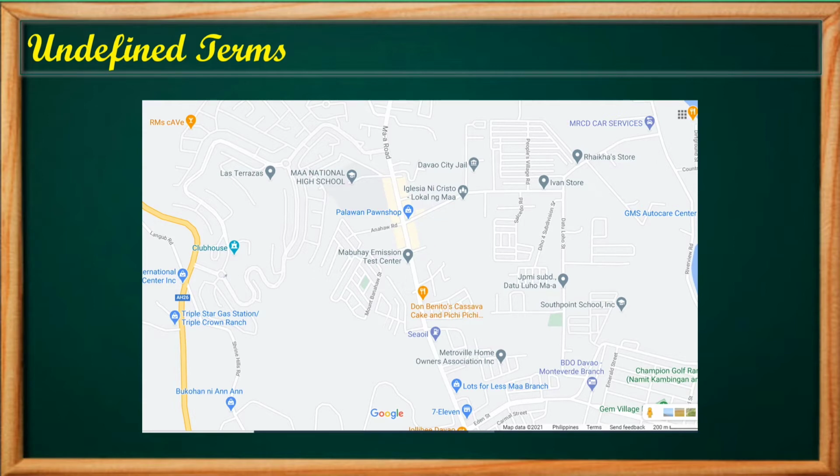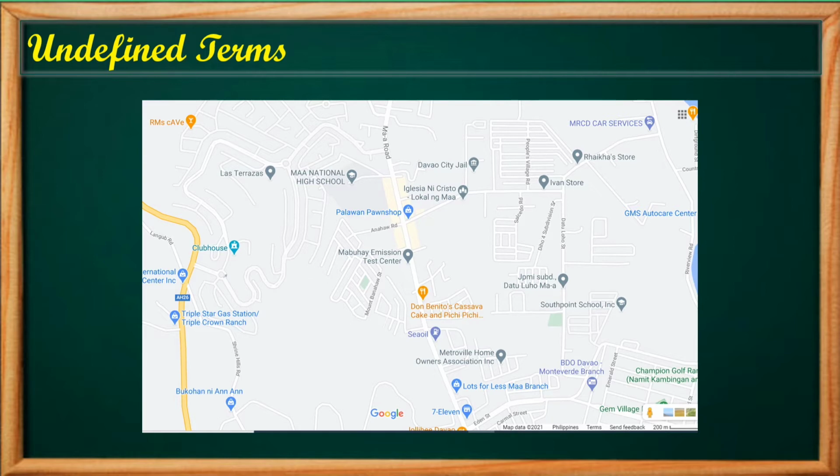Nagre-represent siya ng location. At meron diyang mga iba't ibang linya na nag-guide sa atin kung saan tayo papunta, from that point going to another location, or from that location to another location. Okay? May mga linya, yan yung mga daanan, mga road. Okay, those are the undefined terms.